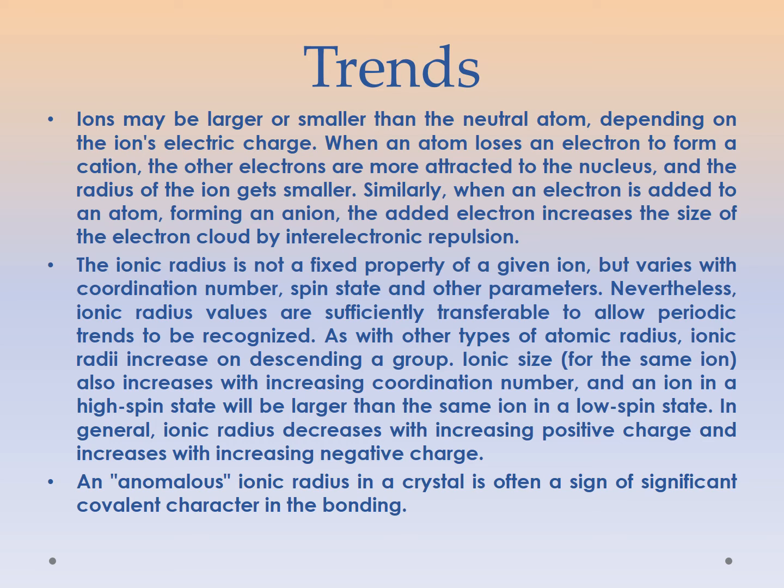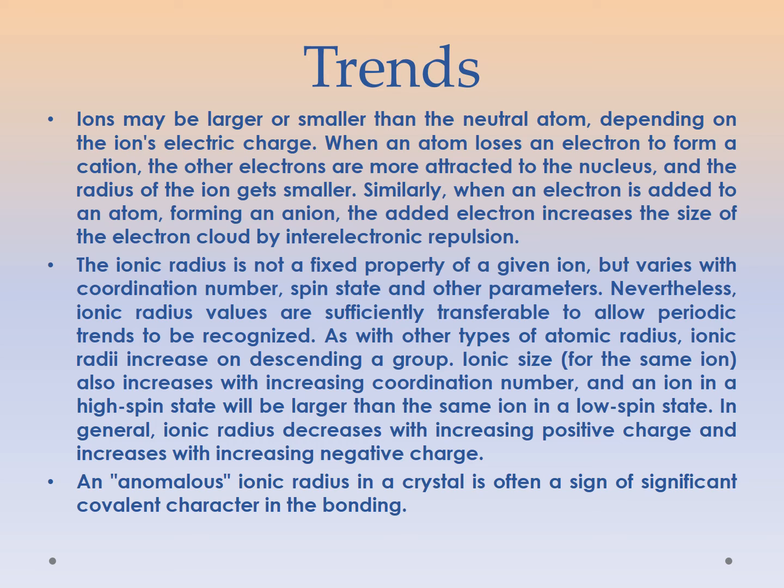The ionic radius is not a fixed property of a given ion, but varies with coordination number, spin state, and other parameters. Nevertheless, ionic radius values are sufficiently transferable to allow periodic trends to be recognized.